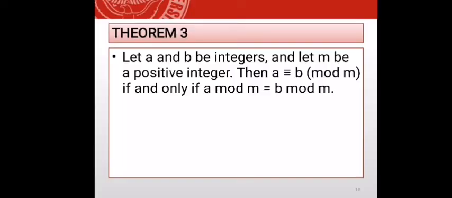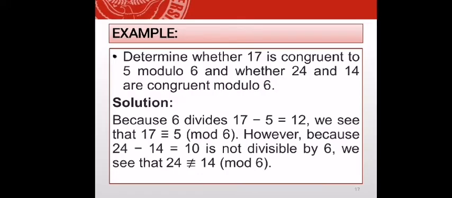Theorem 3: let a and b be integers and let m be a positive integer. Then a is congruent to b mod m if and only if a mod m is equal to b mod m. Example: determine whether 17 is congruent to 5 modulo 6 and whether 24 and 14 are congruent modulo 6.